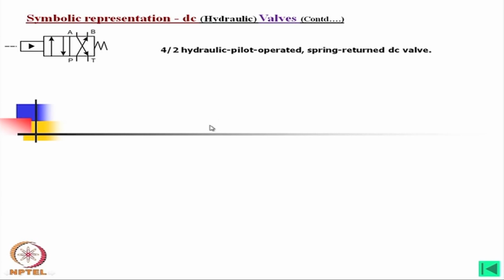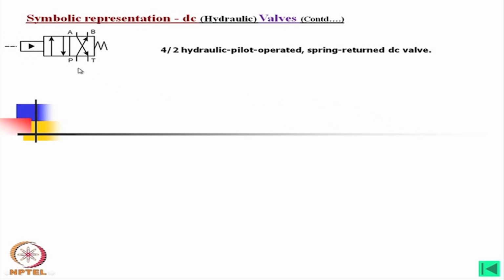What is it? This symbol indicates this is being operated hydraulically. Now, this line, consider that some signal is coming there, and this symbol is for hydraulic signals coming through this, and as a whole it is called pilot operated.